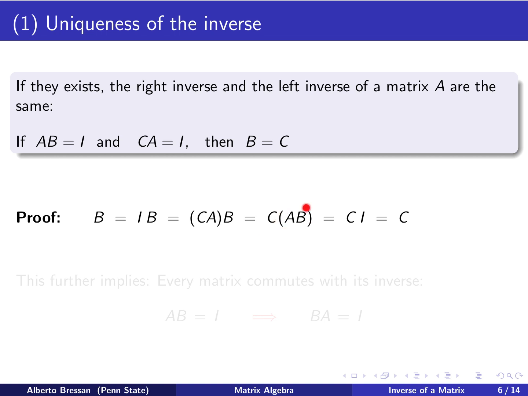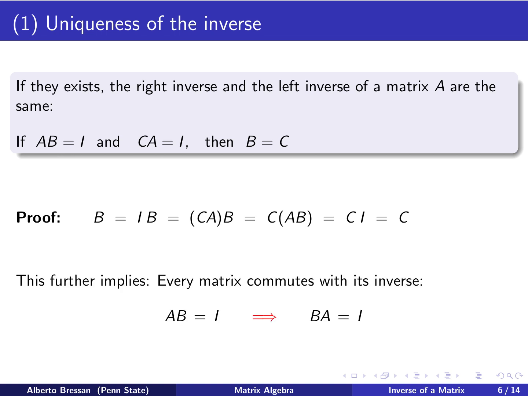So we can do A times B first and then multiply by C on the left afterwards. That's what we have here. And now, what is A times B? Well, A times B is the identity matrix. So we get C times identity, and C times identity is just C. Okay, so we proved B equals C.